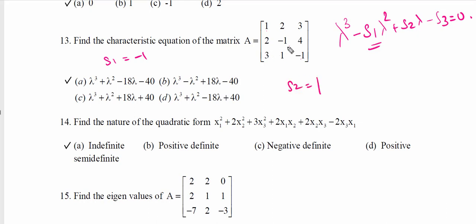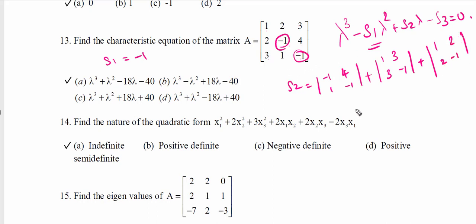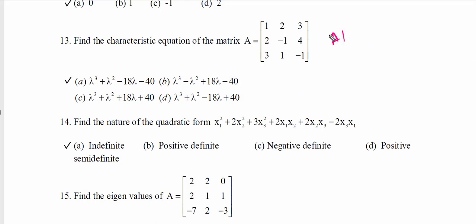So the minors are 1 minus 4, minus 3 minus 1, minus 9 minus 10, minus 1 minus 4, minus 5. So minus 18. This is our S2 value. And the determinant value for this matrix is 40. Substitute all the values. So this is our characteristic equation.